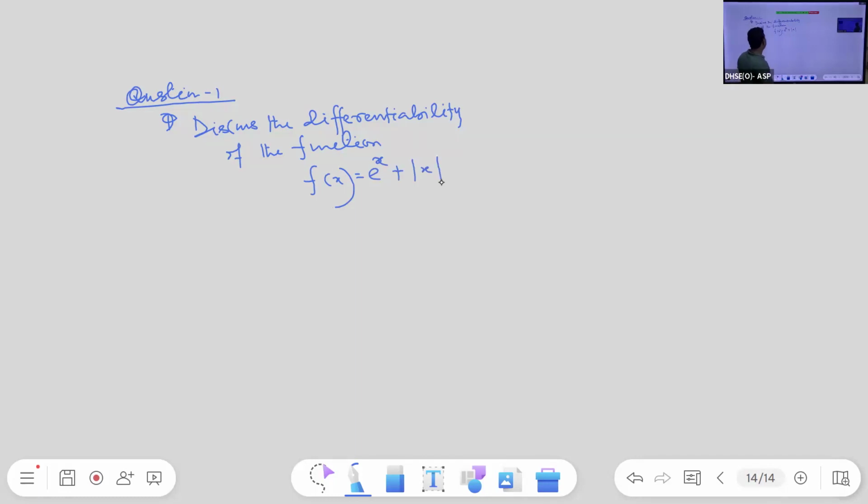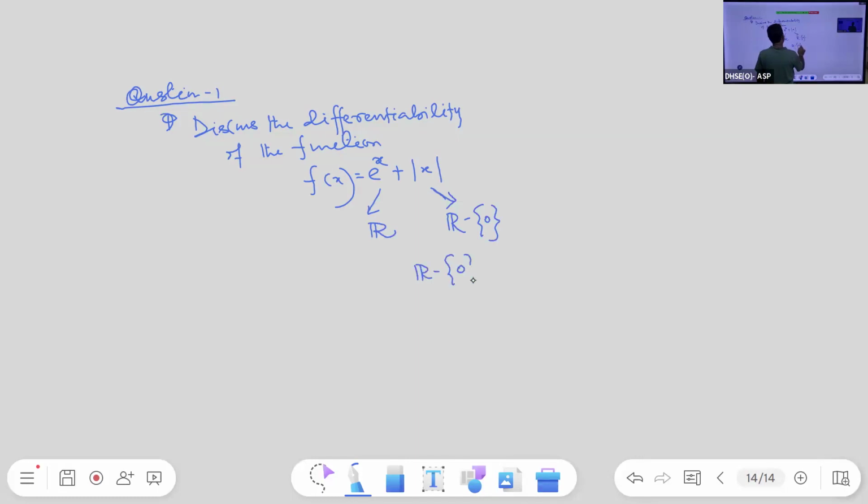The function e raised to the power x is differentiable everywhere, correct? And the function mod x is differentiable everywhere except 0, that is R minus 0. So the total function e raised to the power x plus mod x is differentiable in R minus 0.